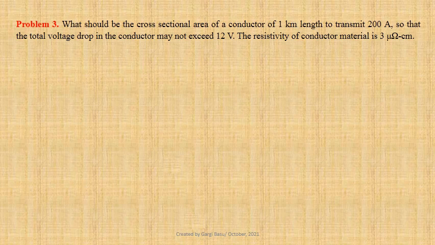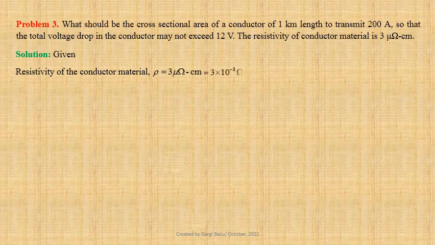The resistivity of conductor material is 3 micro ohm centimeters. Let us first write down the given data. Resistivity of the conductor material rho equals 3 micro ohm centimeters, that is equal to 3 into 10 to the power minus 8 ohm meter.